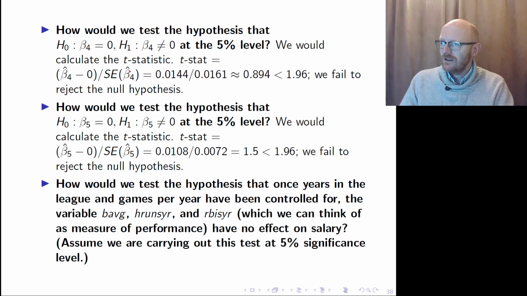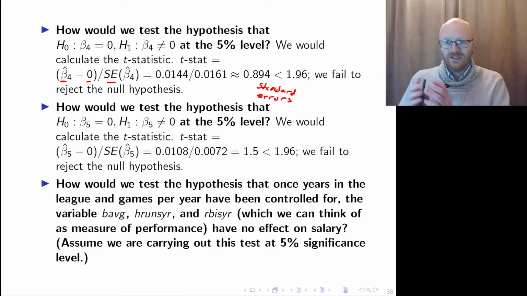So we calculate the t-statistic as the obtained sample coefficient value minus the hypothesized value of the true slope, divided by the standard error to get this distance in standard error terms, which in this case is 0.894 standard errors of distance between the obtained value from our analysis and the hypothesized value.